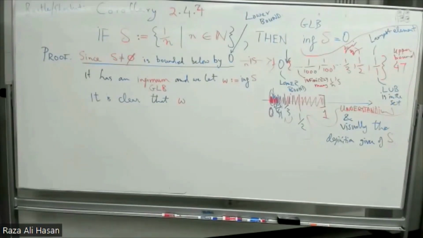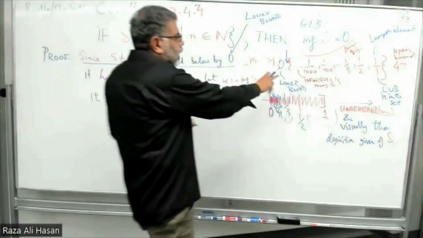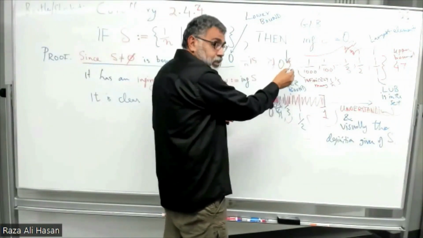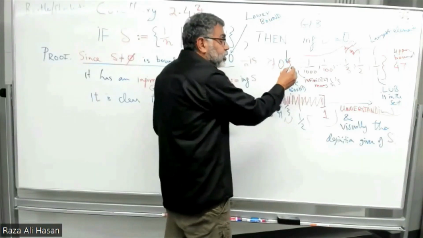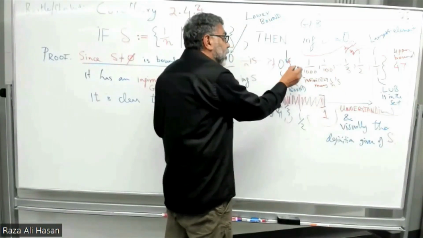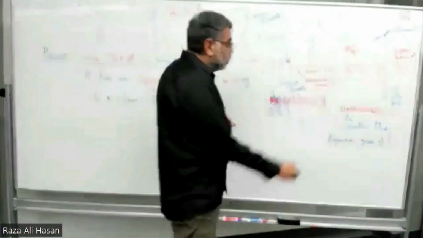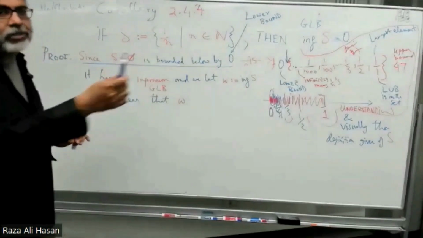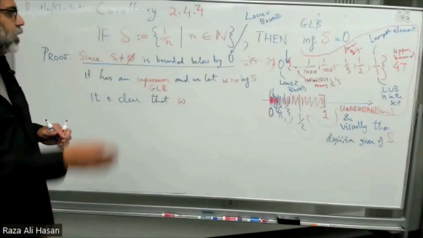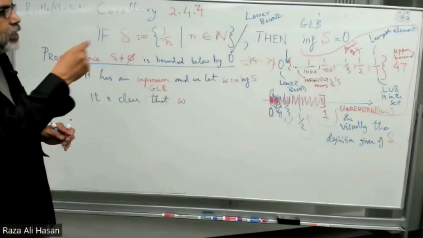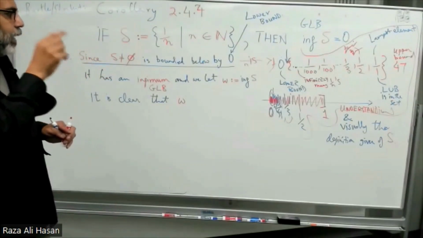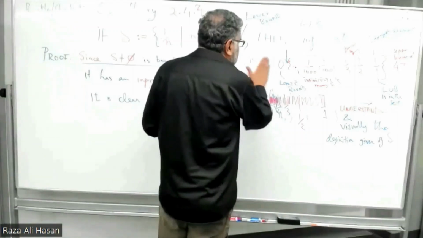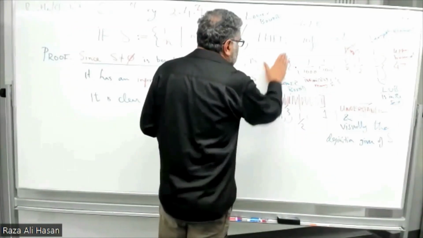No, because the set doesn't have a smallest number. As soon as you locate a smaller number, you'll find another one to the left of it. So W has to be outside, not in the set. Maybe it will sit right here.